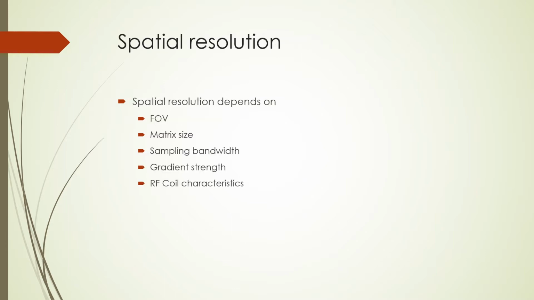Spatial resolution depends on field of view and matrix size, which determines the pixel size, and also on the gradient strength, the sampling bandwidth, and the coil characteristics. In MRI, field of views are on the order of 25 to 50 centimeters, just like in CT. Matrix sizes range from 128 by 128 to 1024 by 1024.